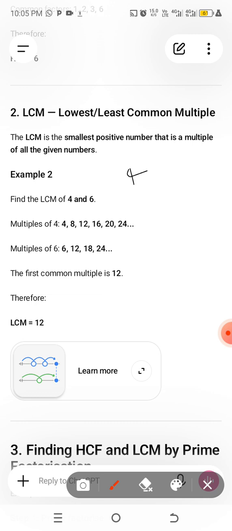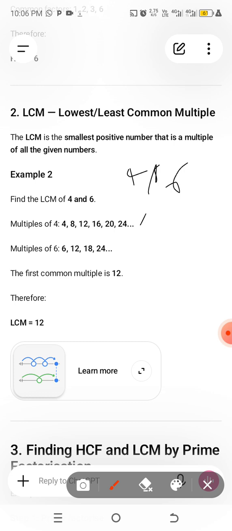The multiples of 4 are 4, 8, 12, 16, 20, 24 and others. Multiples of 6 are 6, 12, 18, 24. Multiples of 6 means the numbers that we can divide by 6.